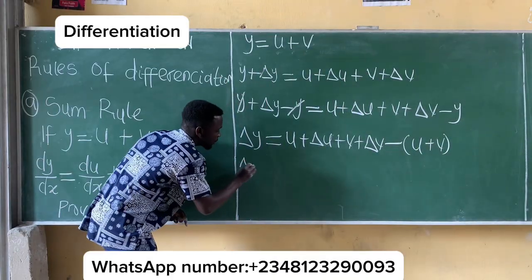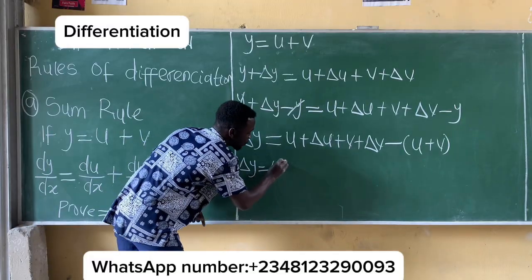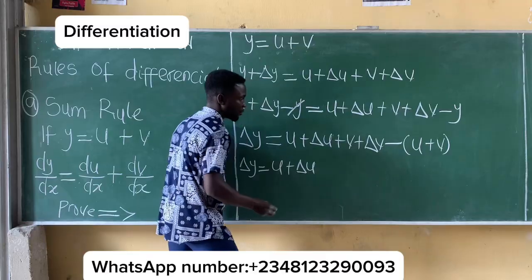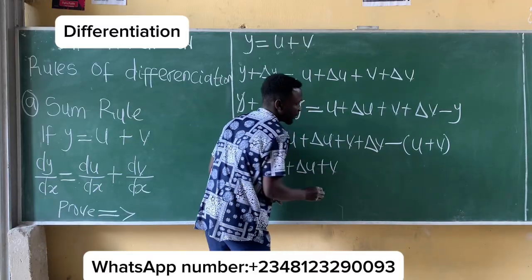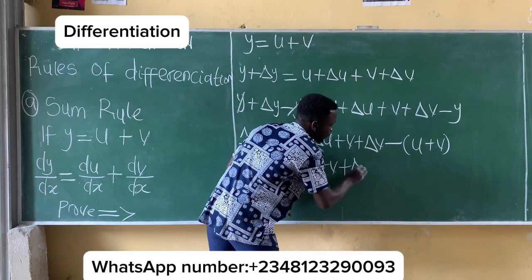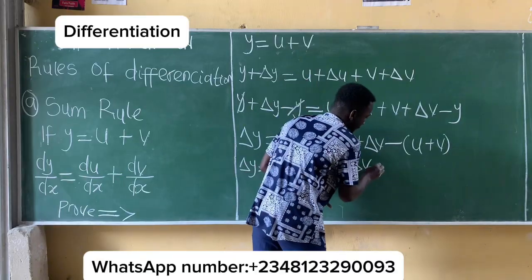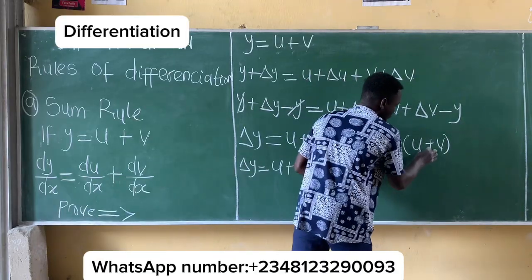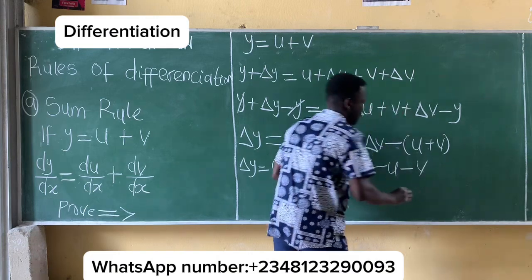This will give us delta y equal to u plus delta u plus v plus delta v, minus u, minus v.